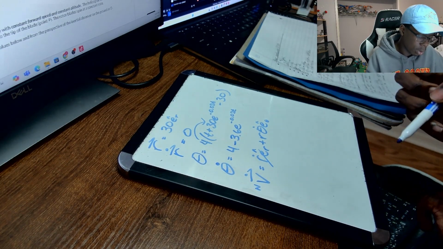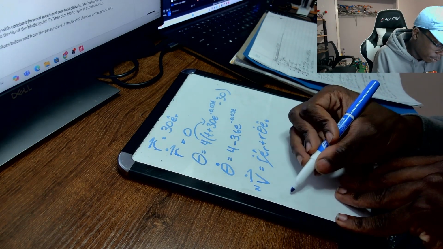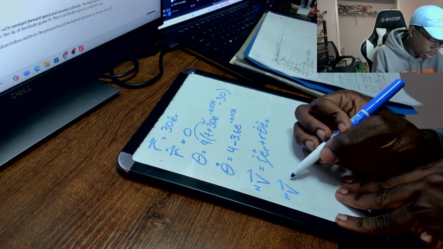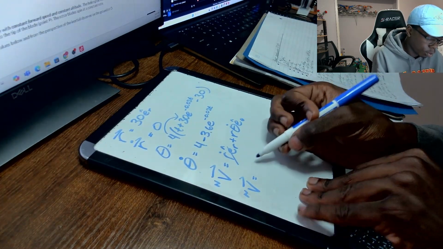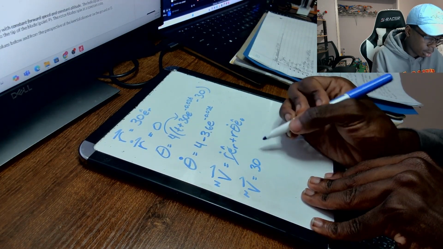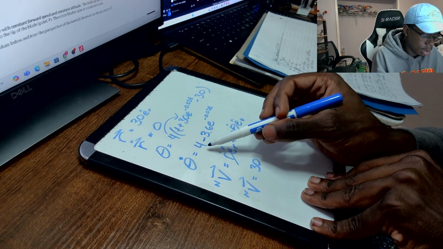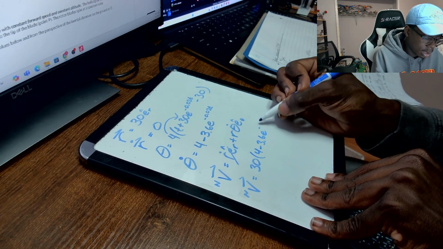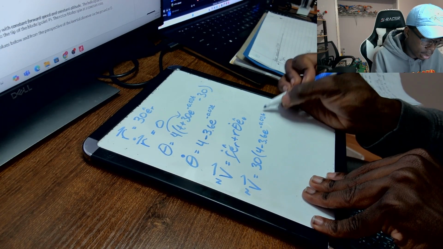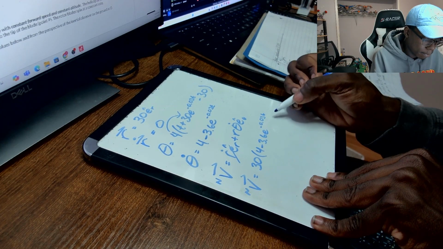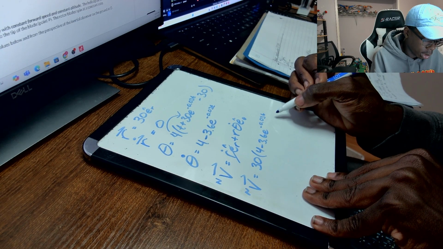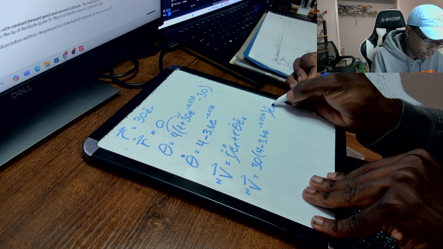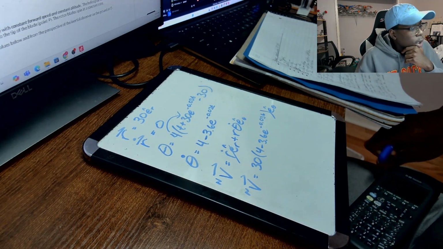So boom, that goes away. So now we're left with, not V dot, just V. V is equal to 30, because 30 is our R, times this expression, so times 4 minus 3.6 e to the negative 0.03 t. And what am I forgetting right now? Times e theta. Okay.